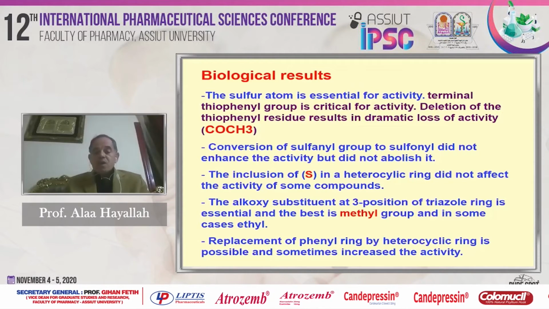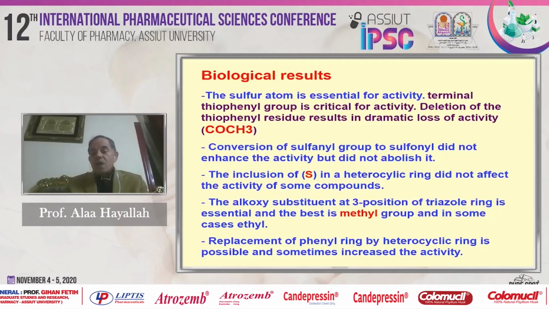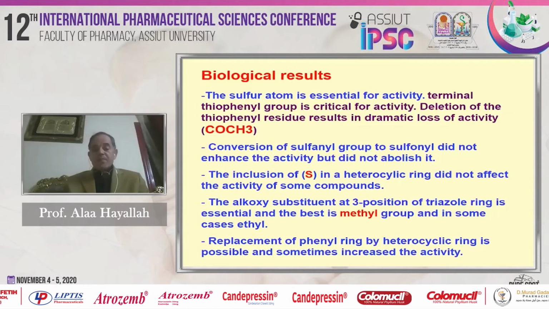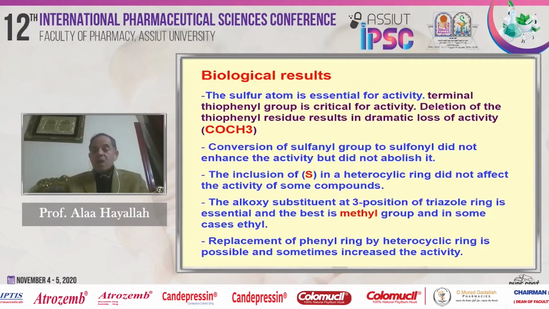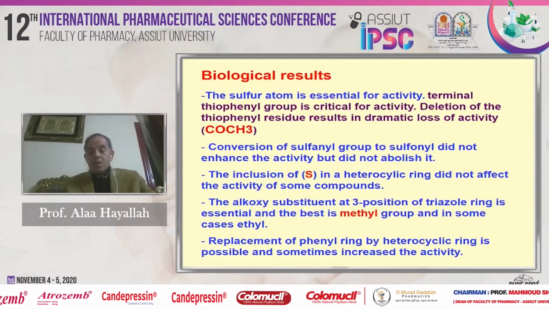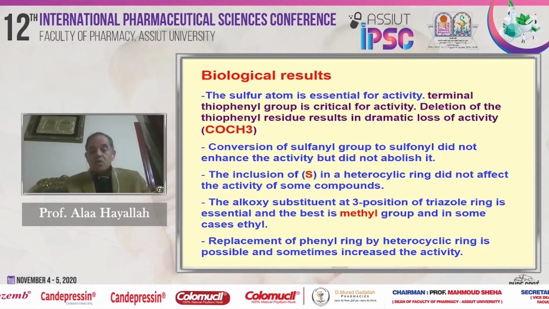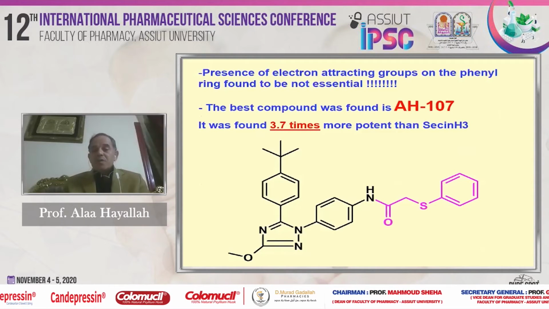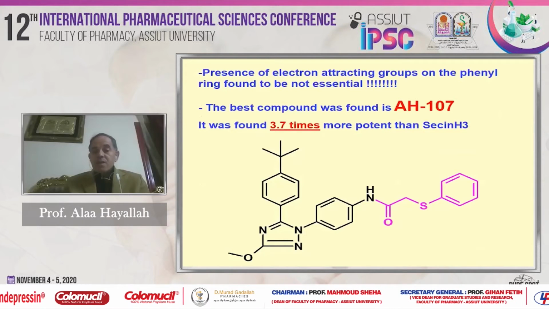The alkoxy substituent at the 3 position of the triazole ring is essential, and the best was the methyl group, and in some cases, the ethyl moiety. Replacement of the phenyl ring by a heterocyclic ring is possible, and sometimes increased the activity, such as pyridine, thiophene, pyrimidine, thione, and so on. The presence of an electron attracting group on the phenyl ring was found to be essential.